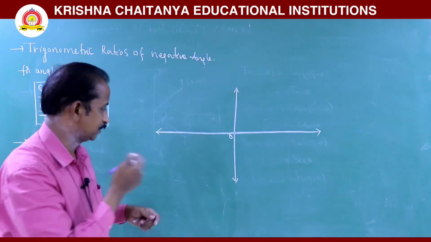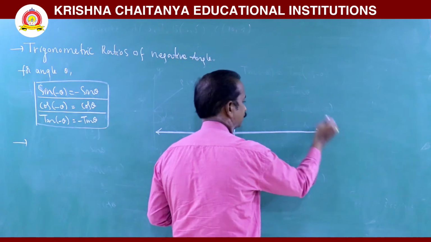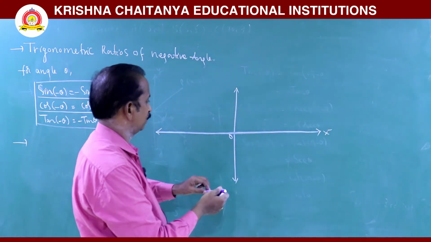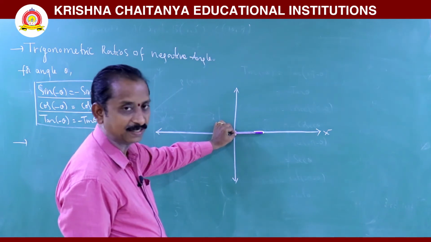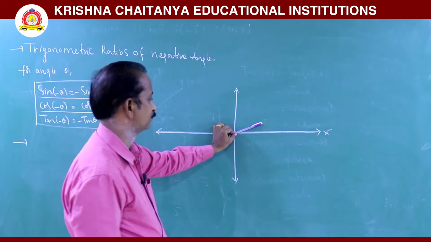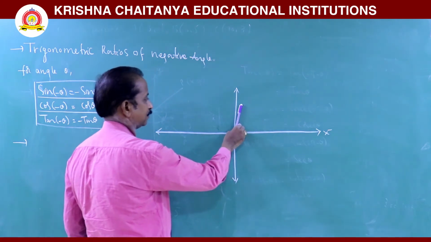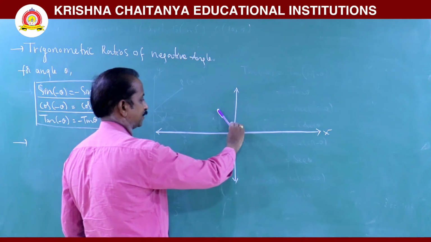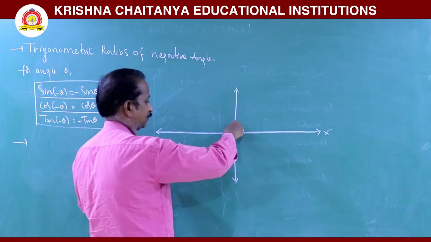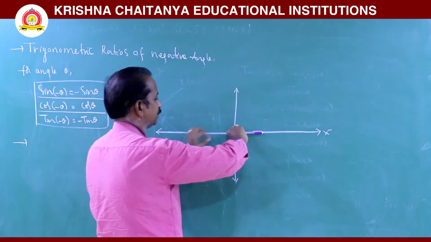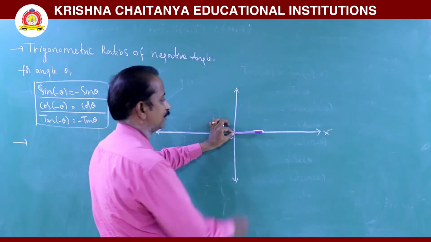If O is the vertex and OX is the initial ray, and that initial ray rotates in the anti-clockwise direction and coincides with the positive y-axis, then the negative x-axis, then the negative y-axis, and then coincides with the same initial ray, we call it one complete rotation or one turn.